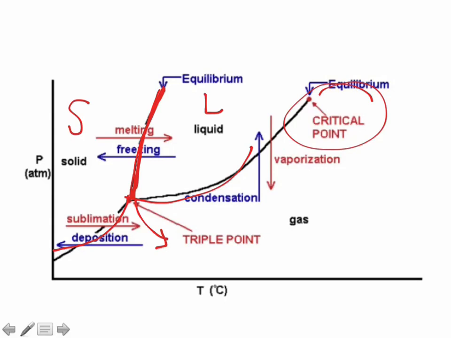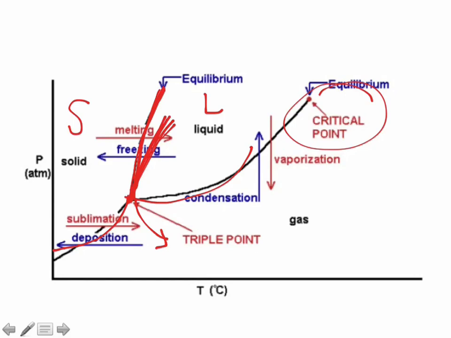Anything past your critical point is going to be gaseous. I want you to notice that you have this positive slope. The butt crack is a positive slope. So if you have a solid and you increase the pressure, what happens? Do you change phase? You still stay a solid, right?